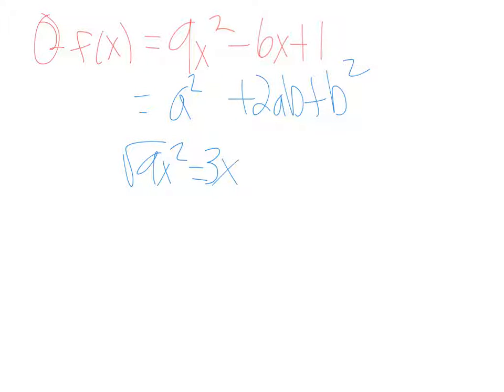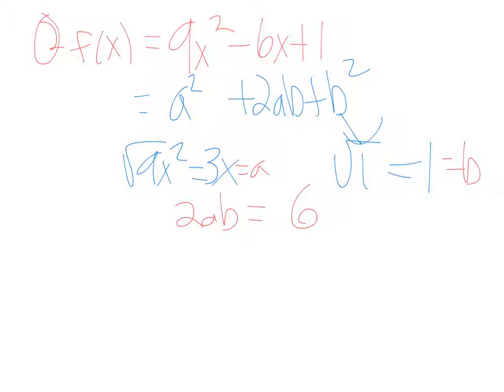That's a. The square root of 1 is 1, and that's b. The middle term should be 2ab. And what does that equal? 2 times 1 is 2, times 3x is 6x. But there's a minus, so it has to be minus 6x.